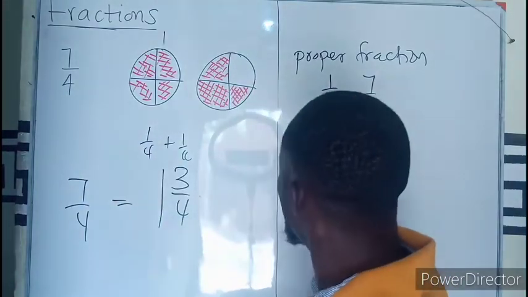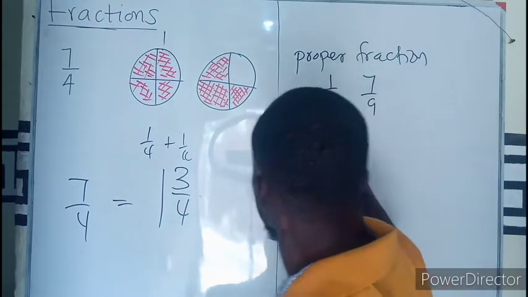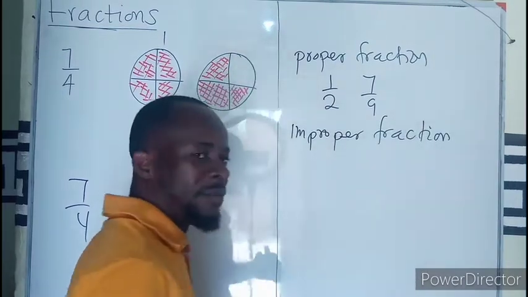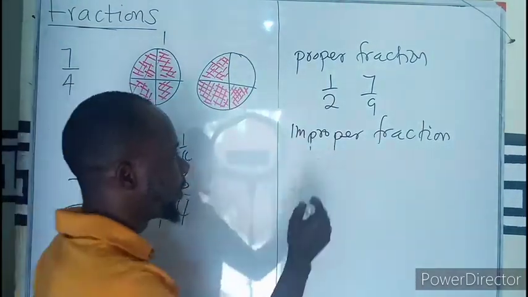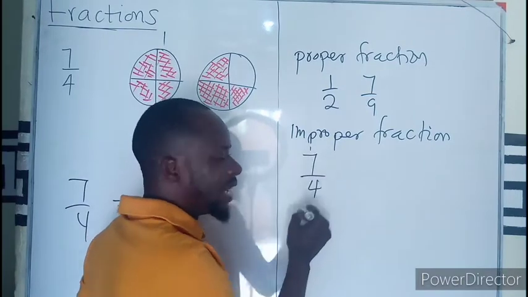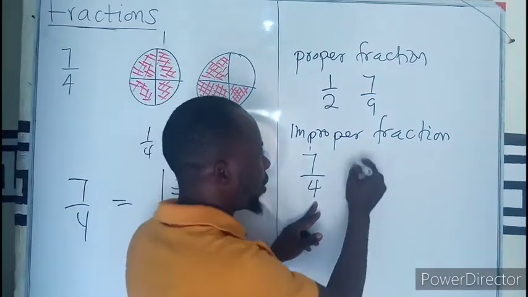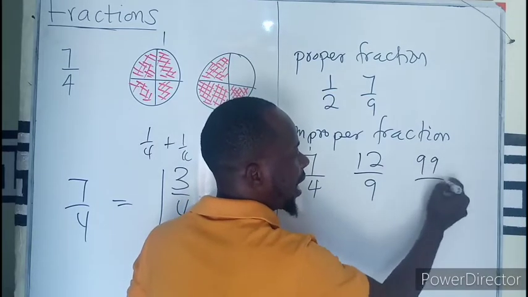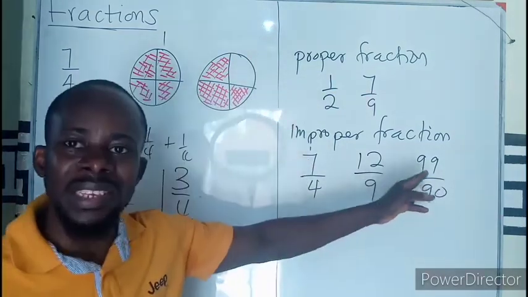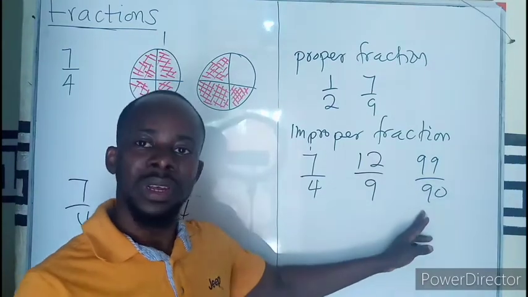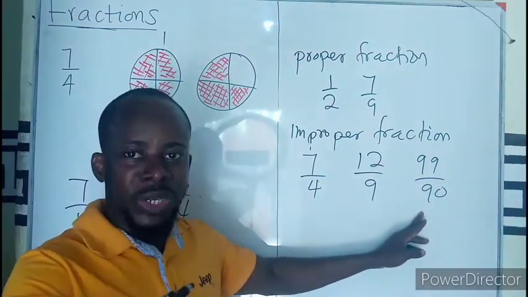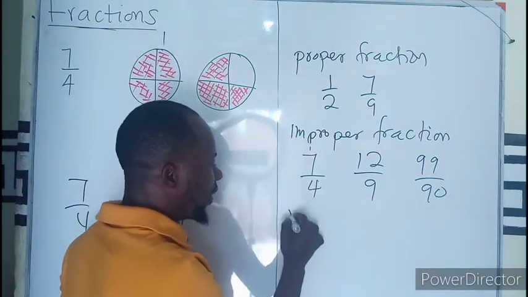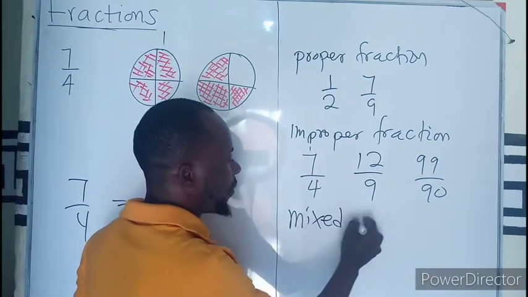Then we have improper fraction, a fraction that has the numerator bigger than the denominator. So 12 out of 9, 99 out of 90. All these are examples of improper fraction.